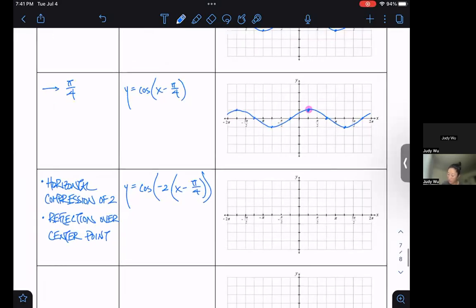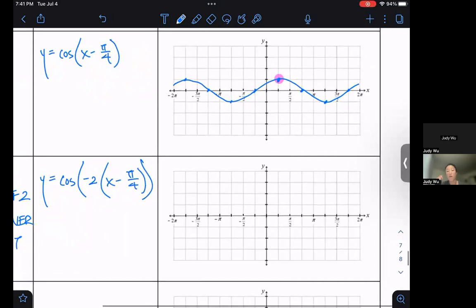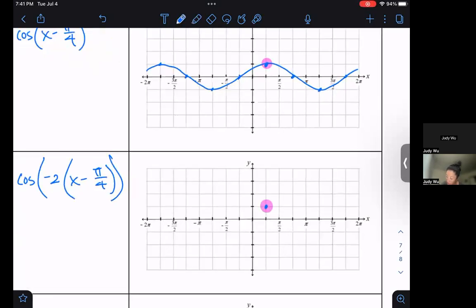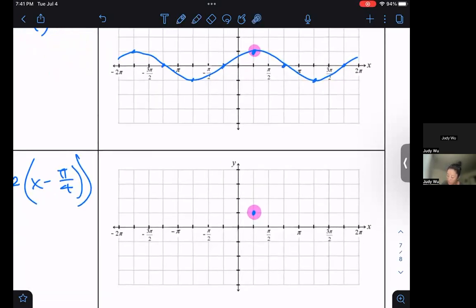That means I'm going to take all my x values and squeeze them in together around the center point, and then I'm going to flip it around the center point. That means my center point stays. Let's go ahead and mark it for us. But then this point and this point are going to squeeze in twice as close.